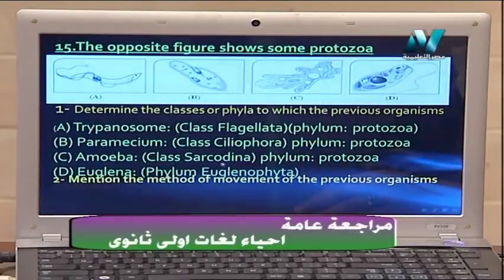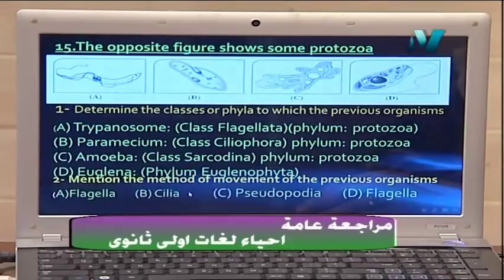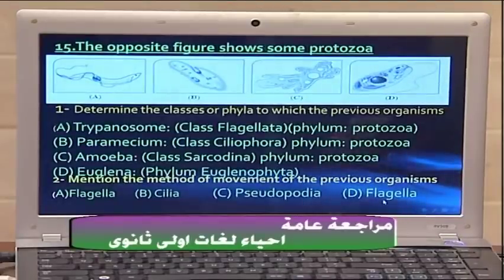Amoeba, class Sarcodina, phylum Protozoa. Euglena, phylum Euglenophyta. The kind of movement here, the first one moved by flagella, second one cilia, pseudopodia, and last one flagella.